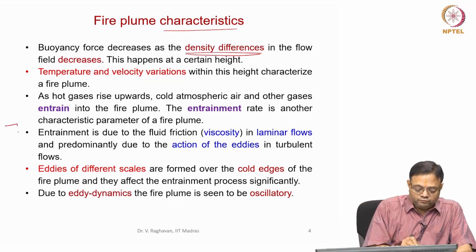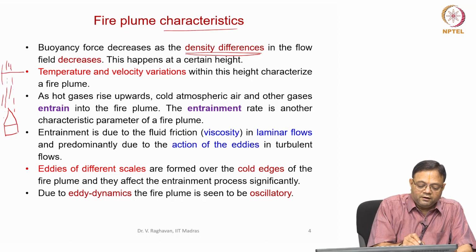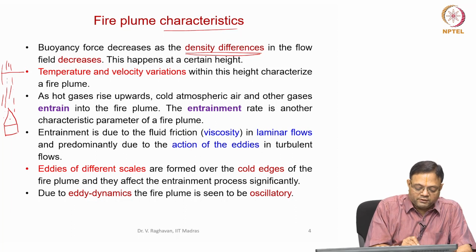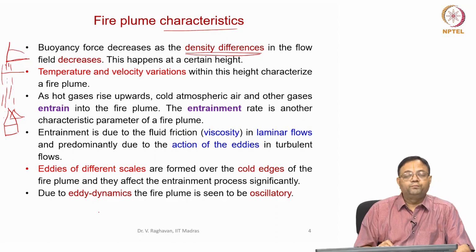So, for example, I have a source, there is a fire, and the hot gases are rising up. If you go to some particular height, you can see that the temperature gradient may not be so high. Here the temperature gradient will be very high, like what we have drawn like this. But in this case, it may not be so high. If you go to this particular height and try to draw it, the temperature gradient may be smaller.